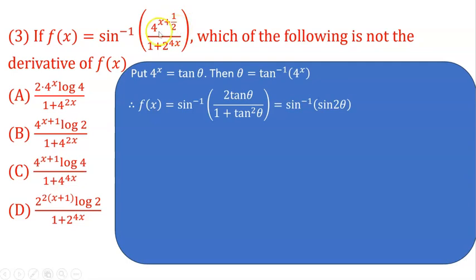Therefore, you will get here 4 raised to 1 upon 2 as 2, and 4 raised to x means tan theta. Okay, and therefore here you will have 2 times tan theta upon 1 plus.